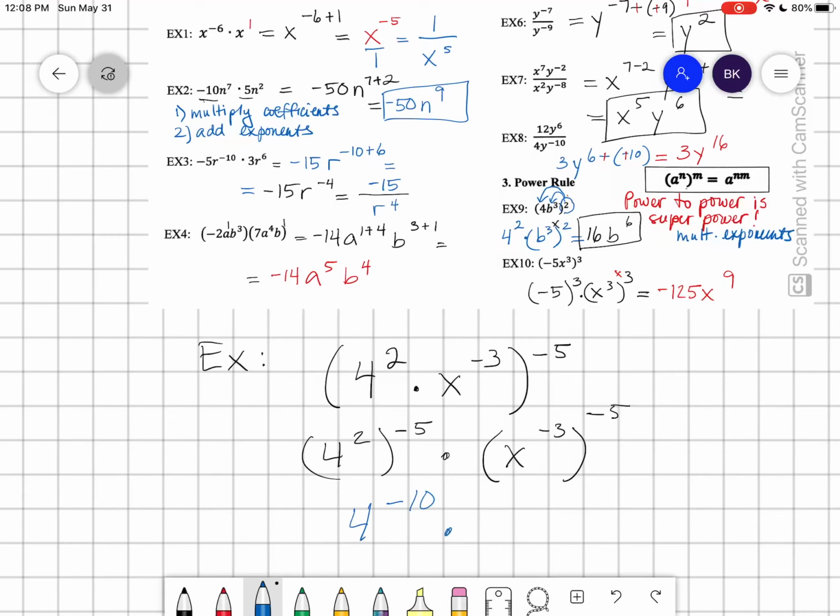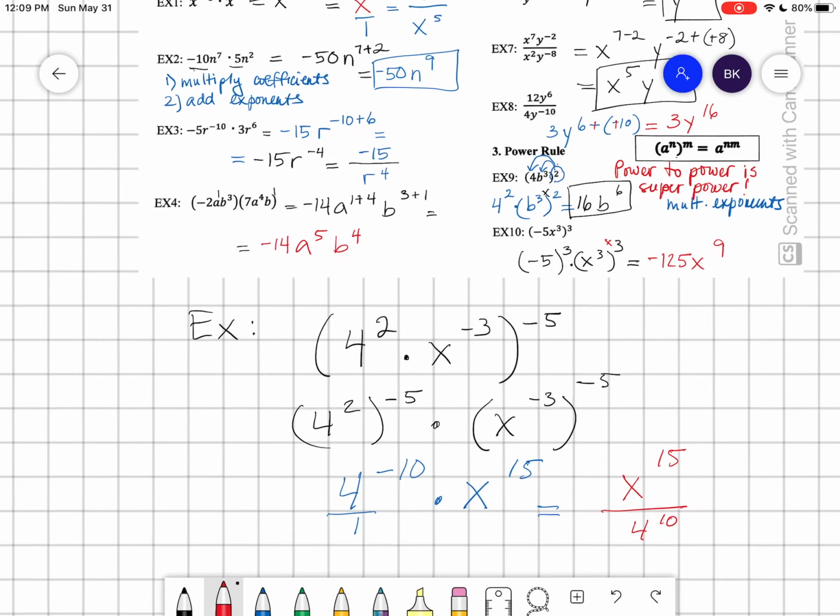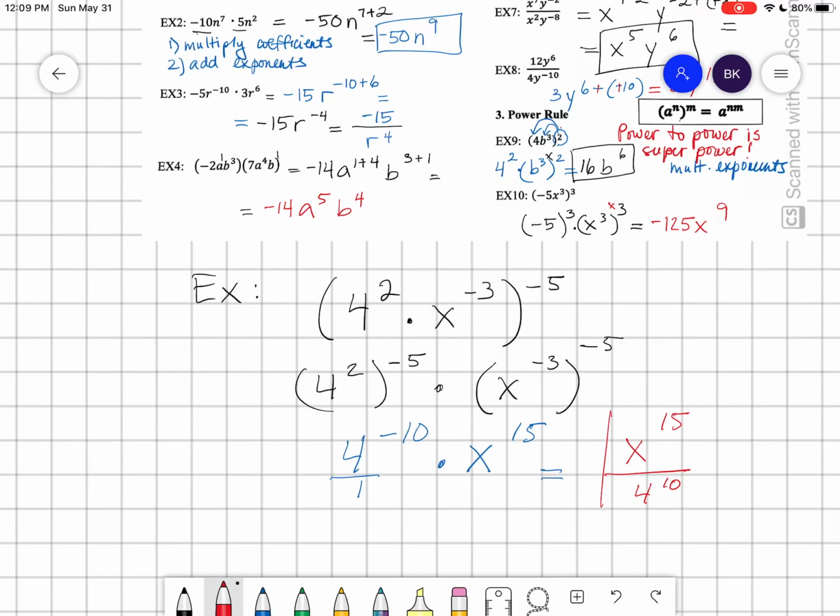And then times x, negative 3 times negative 5 is positive 15. Integer rules apply. And ladies and gentlemen, I have negative 10th, so I have to take a reciprocal of that, right? So your final answer will be x to the 15th stays at the top where it is, and then you take a reciprocal of 4 to the negative 10th. So it'll be 4 to the 10th power, and that will become positive, and that would be your final answer.